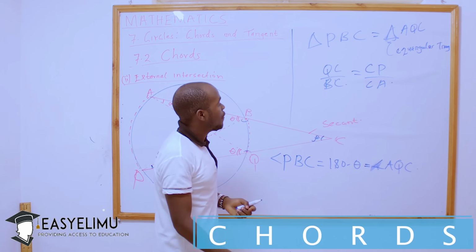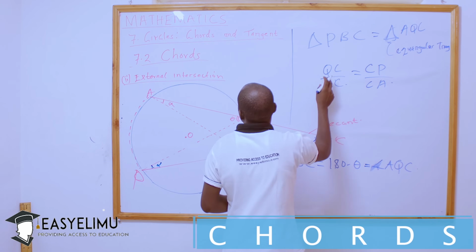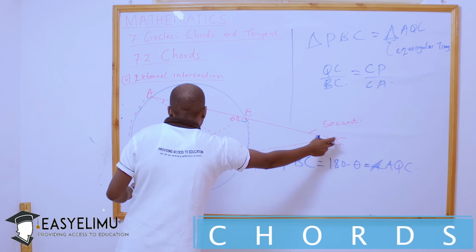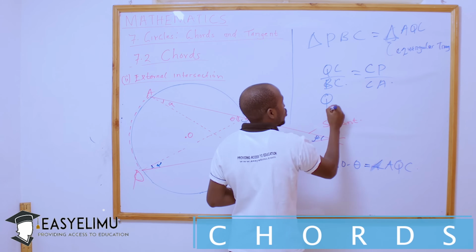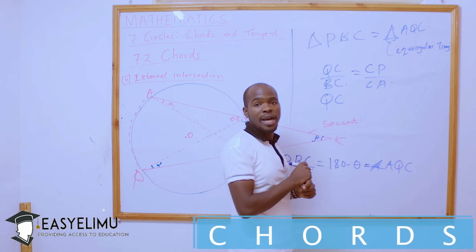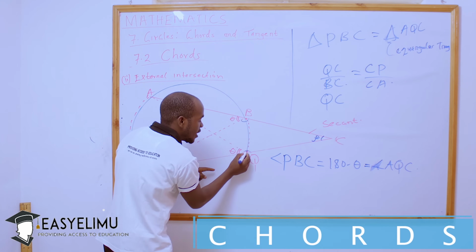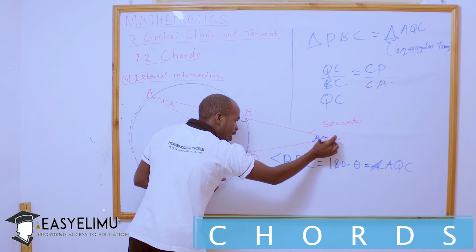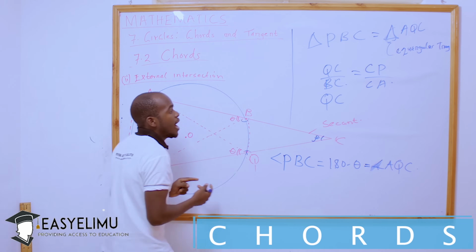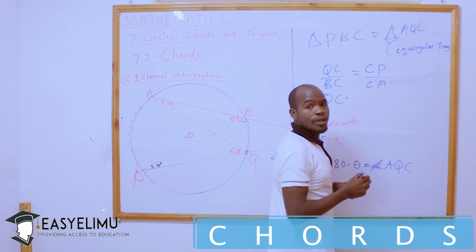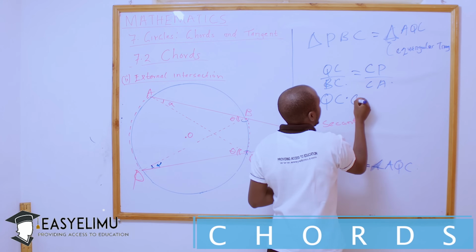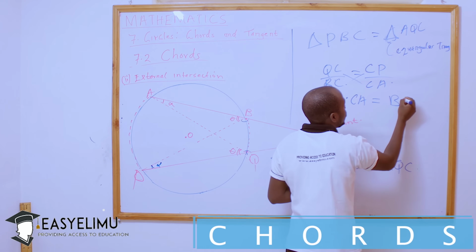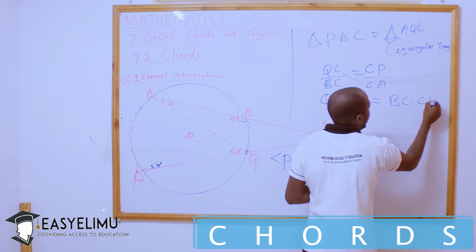Such that if I work it out, if I take QC multiplied by CA, that is QC, which is the produced part outside, and I'm taking QC as this part here, multiplied by the total length from C to P, I'll use a dot to mean multiplication, or you just cross multiply, you are going to get BC multiplied by CP.